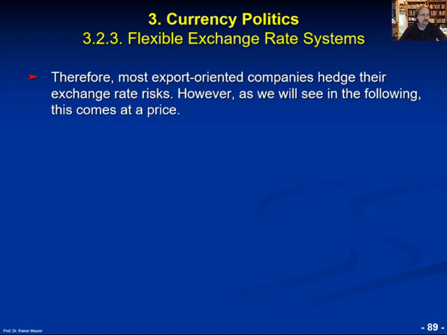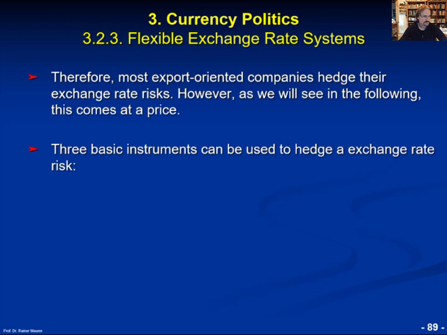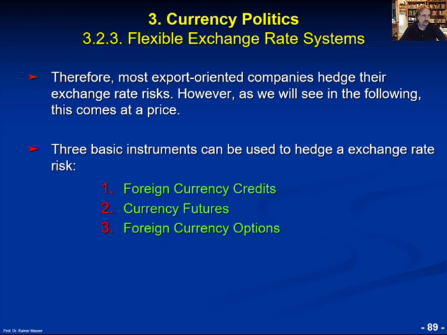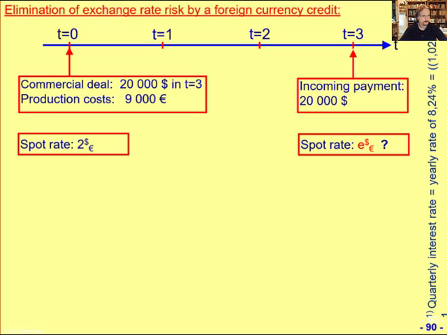However, as we will see in the following, this comes at a certain price. 3 basic instruments can be used to hedge exchange rate risk. First, foreign currency credits. Second, currency futures. And third, foreign currency options. I will explain these 3 instruments one after the other in the following.